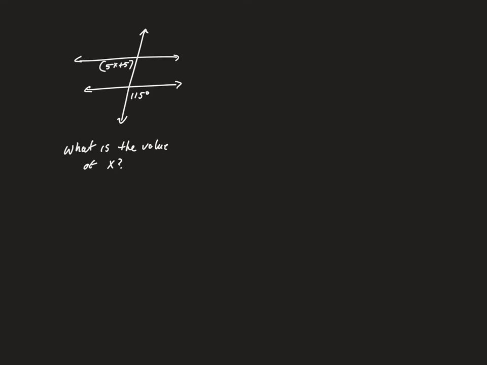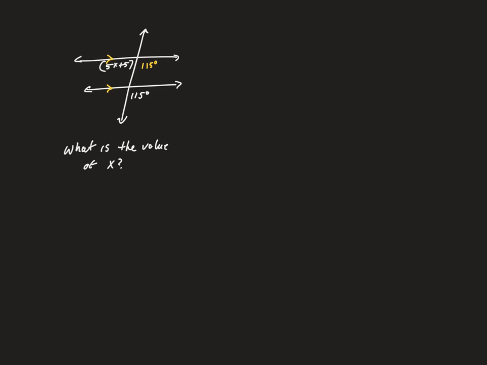All right, so looking at this example, it's asking me, what is the value of x? Well, I don't think I have any interior angle, exterior angle, or alternate theorems that work there, but I can go ahead and use some corresponding values here. Let me identify, yes, this was meant to be parallel. With corresponding angles, this angle right here is going to correspond to the angle below it of 15 degrees.